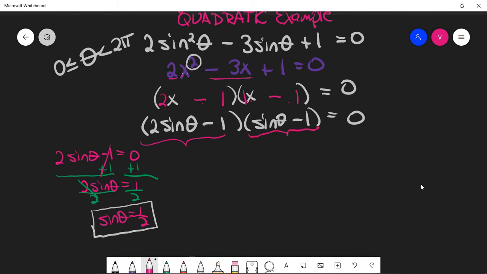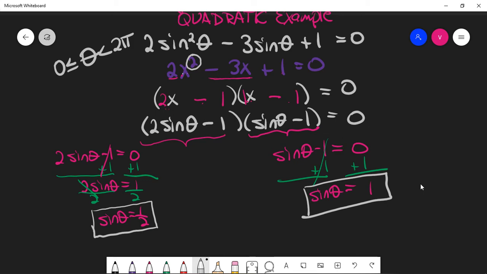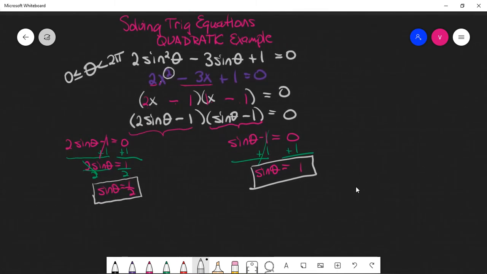Right here we have sine theta minus 1, set that equal to 0. Add 1 on both sides, so you end up with sine theta equals 1. So here is our next possible solution. The nice thing about this is that it's just plain old theta, so we don't have any substitutions going on anywhere. So we need just 1 time around the circle, so we can just draw 1 circle here.